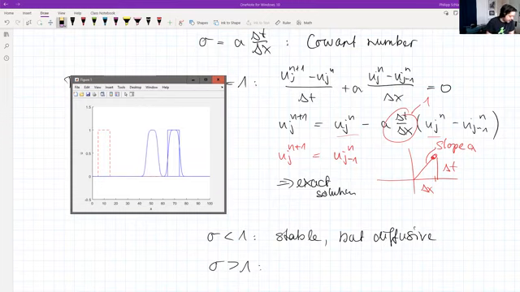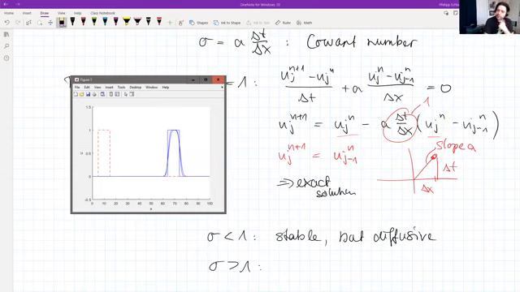And you will see that it's even more diffuse than the previous case, which was a sigma of 0.5. The reason why this is happening, we will discuss later on when we talk about the spectral representation of these time advancement schemes. Oh, yeah, okay. It didn't stop exactly at the same time. But you see that it has even diffused a little bit more.